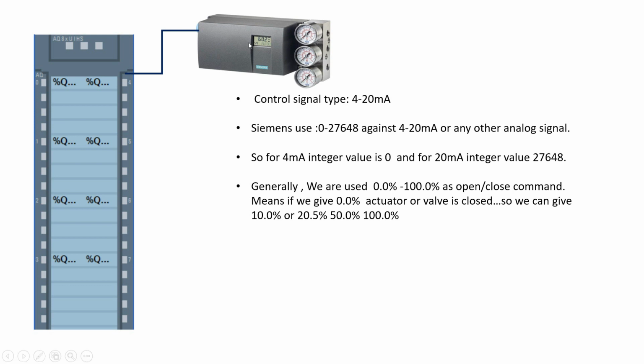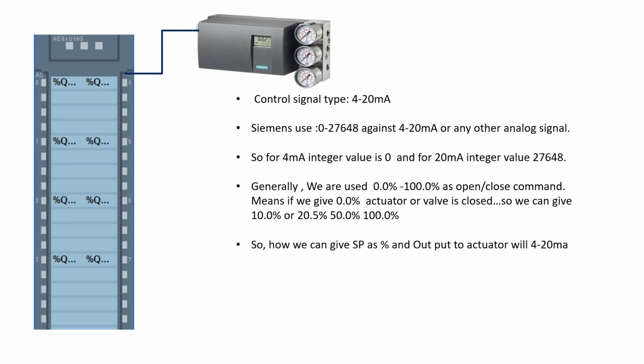Here we are using an I2P converter to control the actuator. Our input signal is 0 to 100% from the HMI, and the program converts that 0 to 100% to the integer value, and that integer value is sent to the analog output channel. So physically we will get the 4 to 20 milliamp signal.